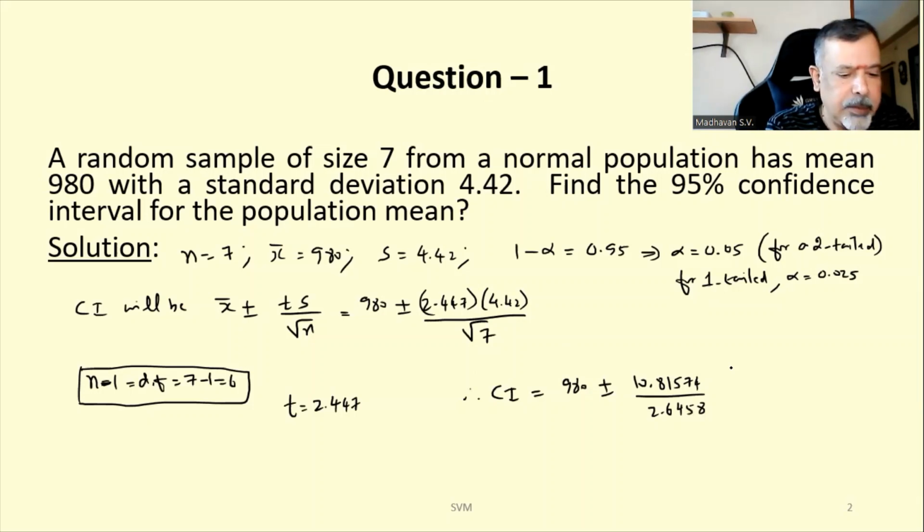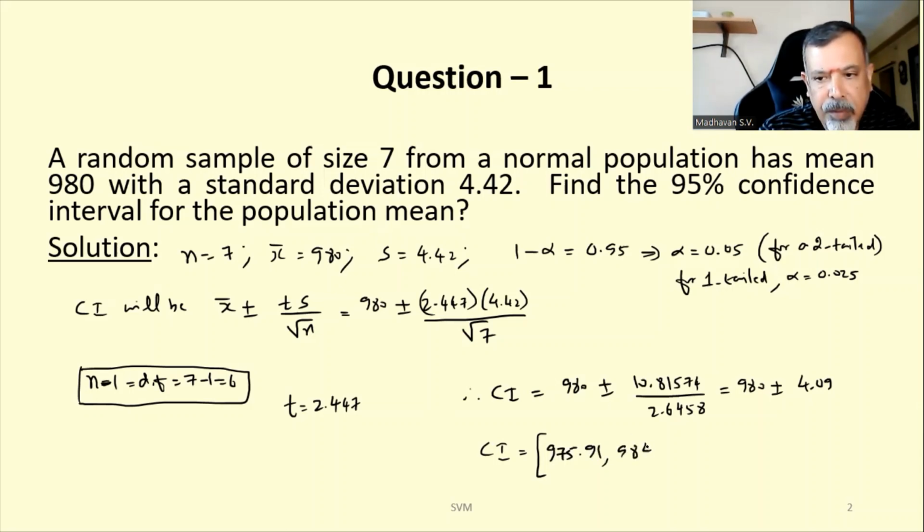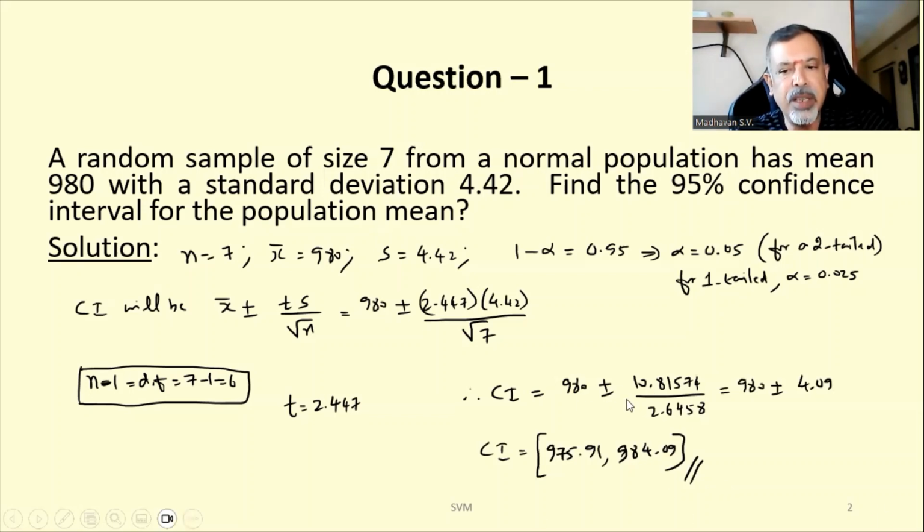If we divide this, we get 980 plus or minus 4.09. So subtracting, we get 975.91 as the lower limit, and the upper limit will be 984.09. We can conclude that the population mean should lie between these two values.